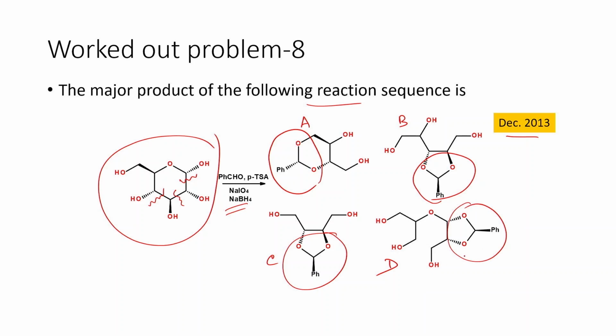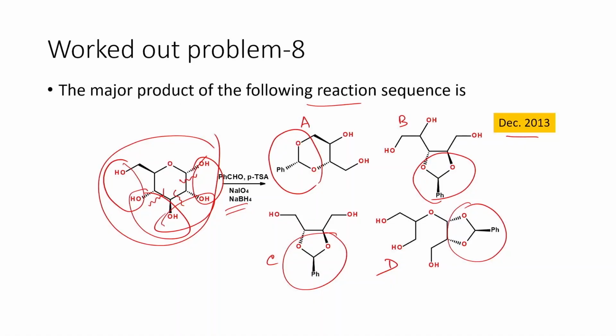If we look at which hydroxyls are protected, we may look at these two as one combination, these two as another, and so on. In other words, there are four 2-hydroxy combinations, and all four can be protected with benzaldehyde as an acetal, and all four products are given.